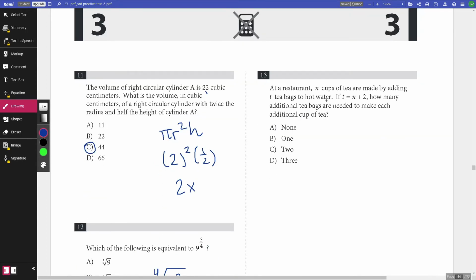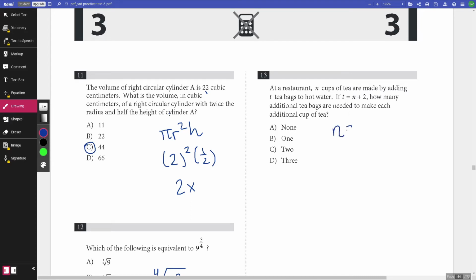At a restaurant, n cups of tea are made by adding tea bags to hot water. If T equals n plus 2, how many additional tea bags are needed to make each additional cup of tea? So let's solve this equation for n.